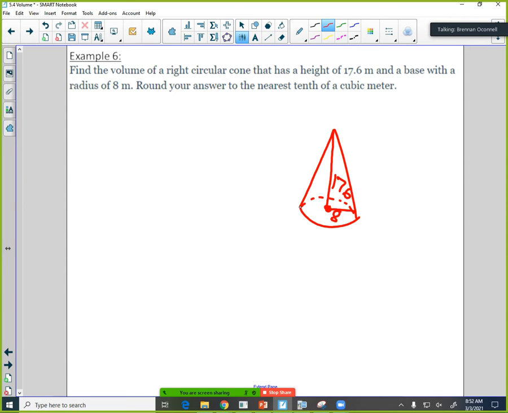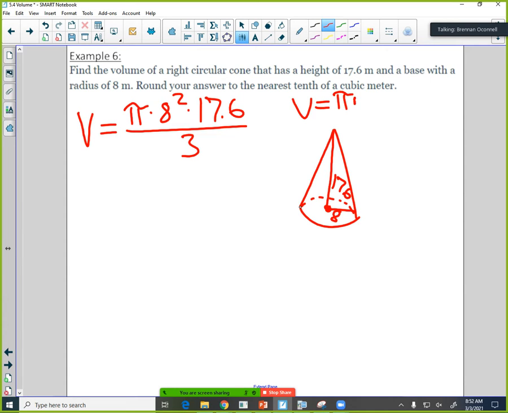And so we just follow the formula. V equals pi, which is just a number, r is radius, which is 8 squared, times our height, which is 17.6. And then we just divide that all by 3, right? That comes from V equals pi r squared h all over 3.